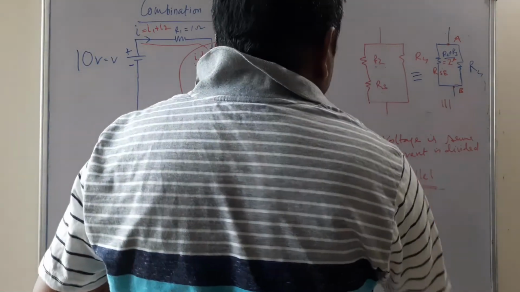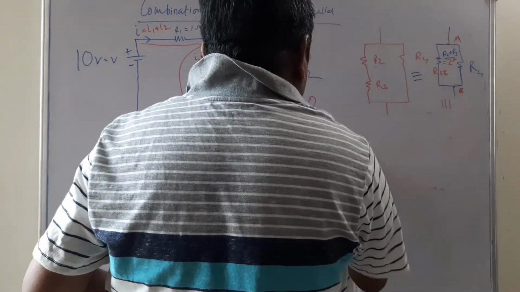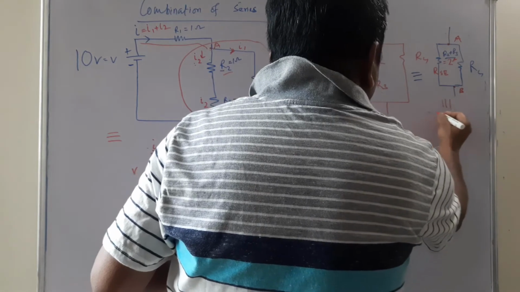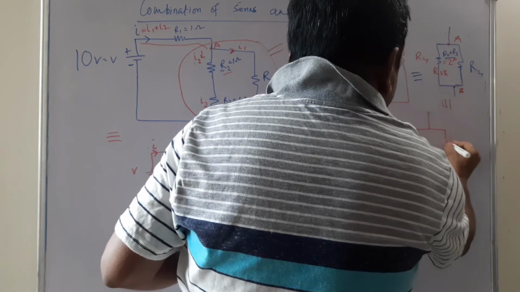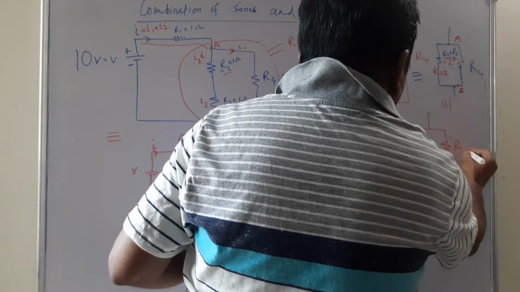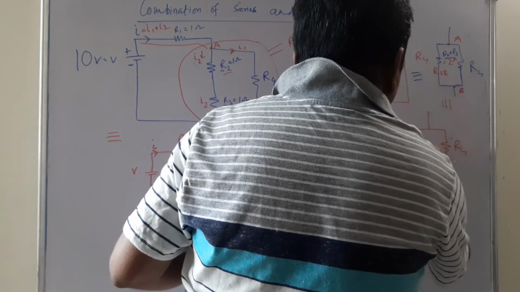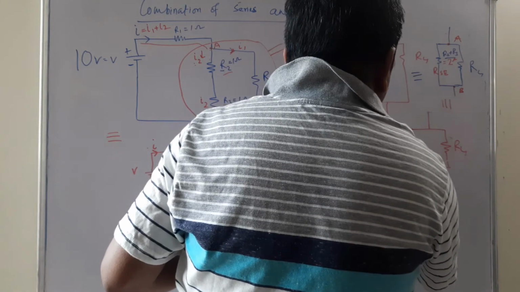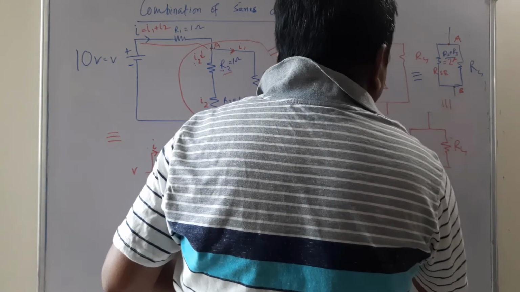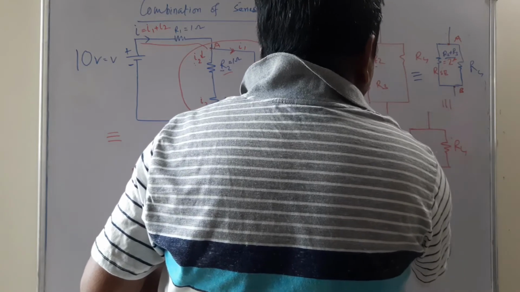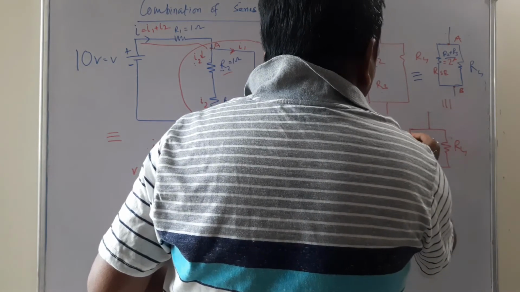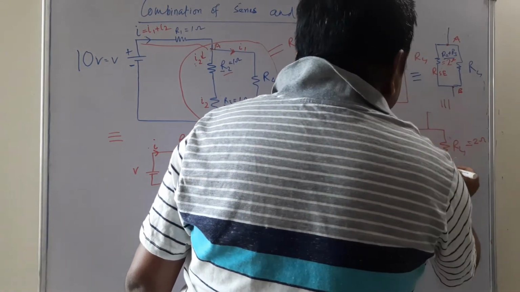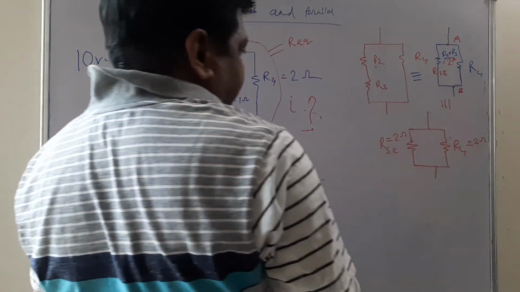Okay, let's redraw it again. So this is your R4 and this is RSE, and this RSE equals 2 ohm and this is 2, and both are in parallel.